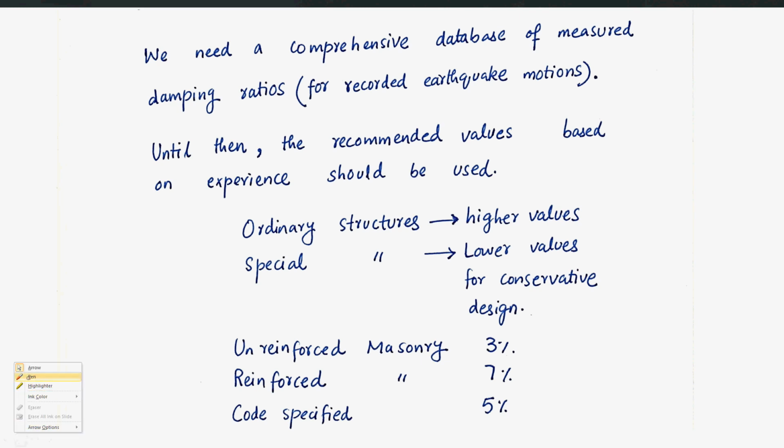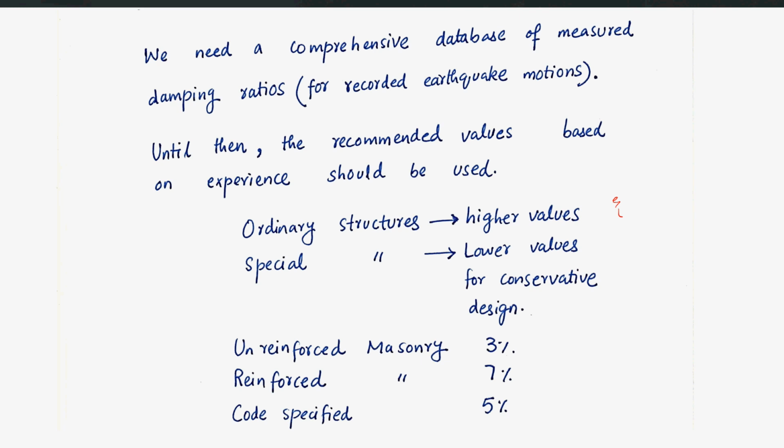So what we can do is rely on different recommended values, which are based on experience and on the experimental trends of the measured values of modal damping ratios. Obviously, for ordinary structures, we will have slightly higher values of modal damping ratio xi, compared to the special structures, which should have lower values for conservative design estimates.